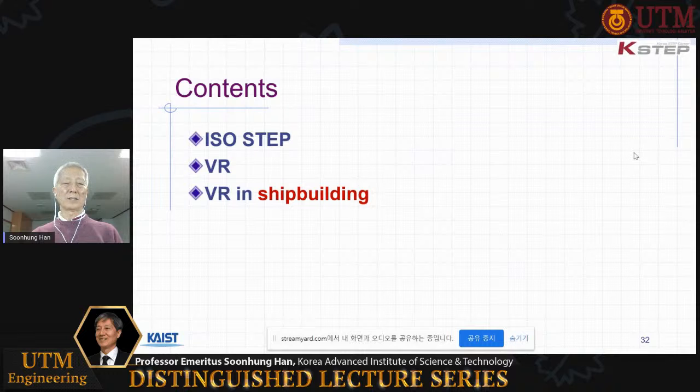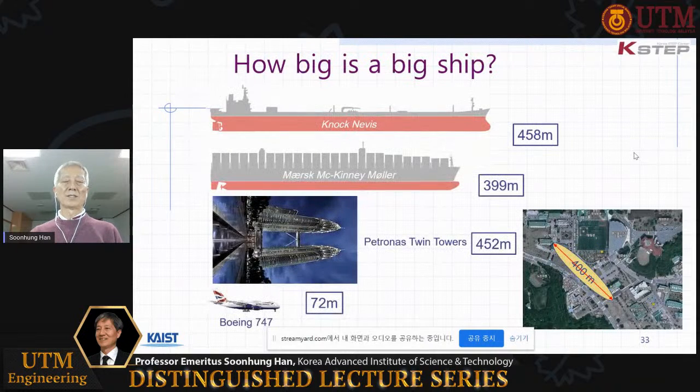Let's go on to the final stage of VR in shipbuilding. Right. So the ship is big. I found that the Petronas Twin Tower is also big. You can imagine the tower, the Petronas Tower, lying side by side. That is about the same size. The big shipbuilding companies inside Korea, something like Samsung or Hyundai, produce more than 60 ships per year.